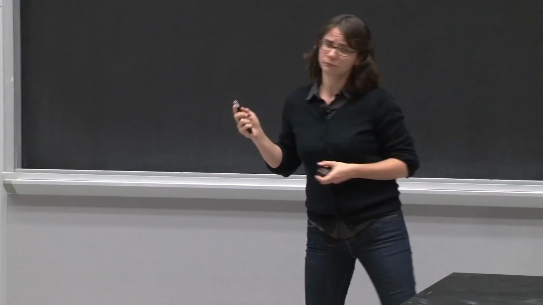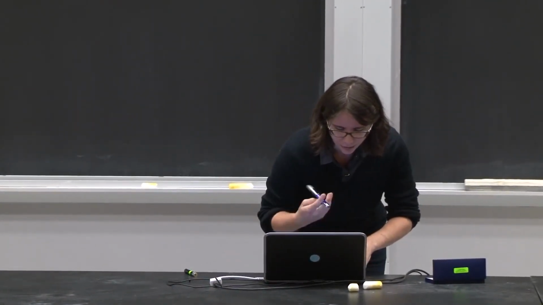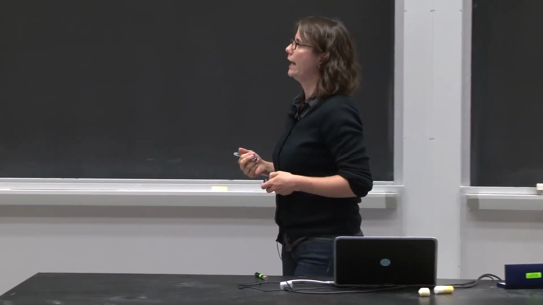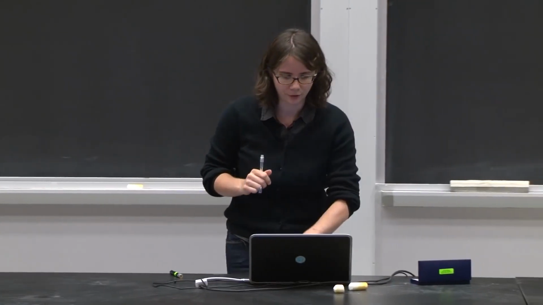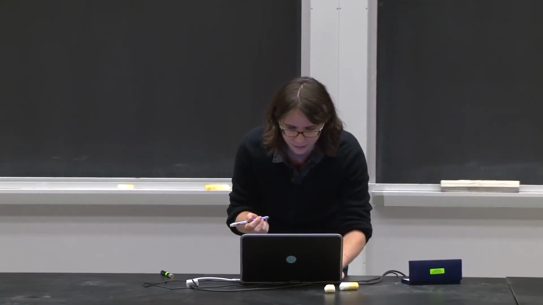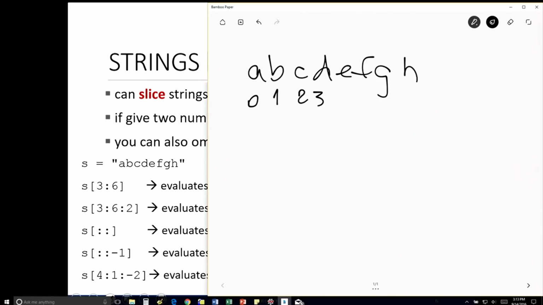So with this string s, if we slice into the string s, we start from index 3 and go up until index 6. So if we have A, B, C, D, E, F, G, H, this is position 0, 1, 2, 3, 4, 5, 6, 7.